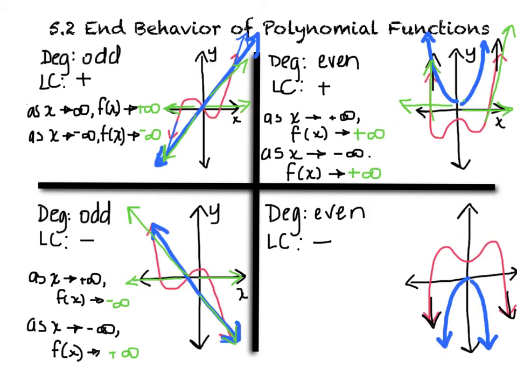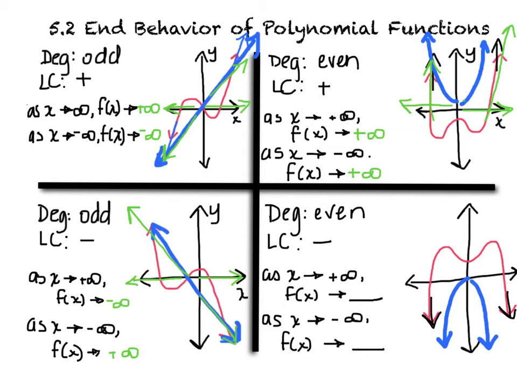Okay, I want you to pause the video now and go ahead and try to do this one in the bottom right corner, and then come back for the answer. So, as x approaches positive infinity, the function approaches what? As x approaches negative infinity, the function approaches what?